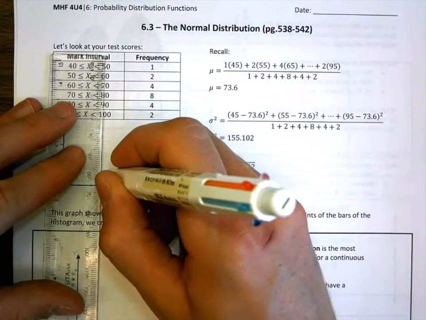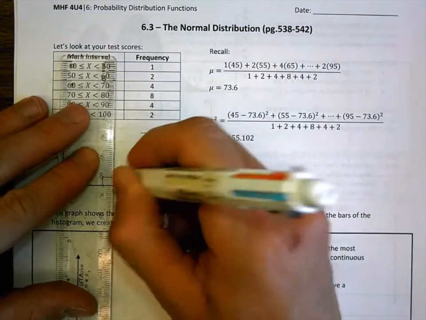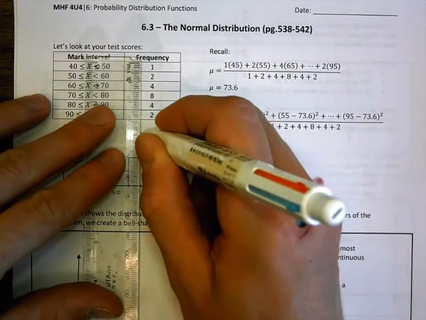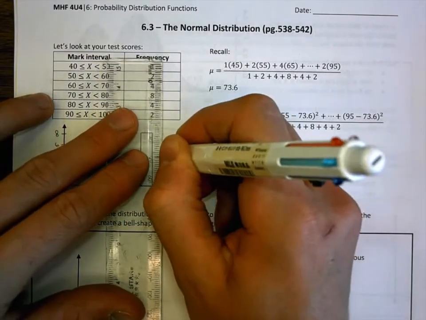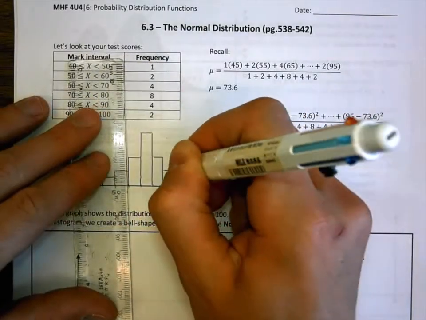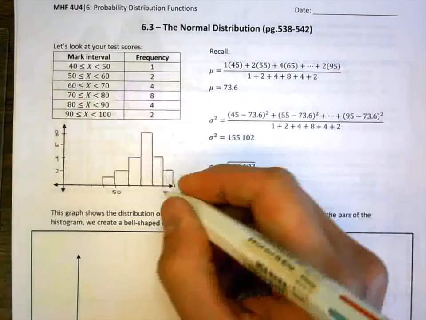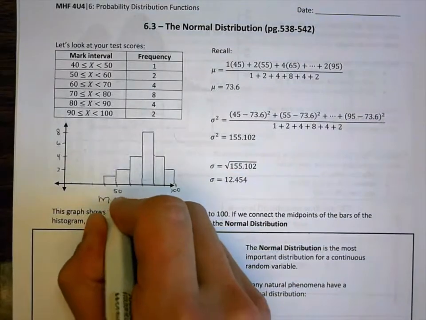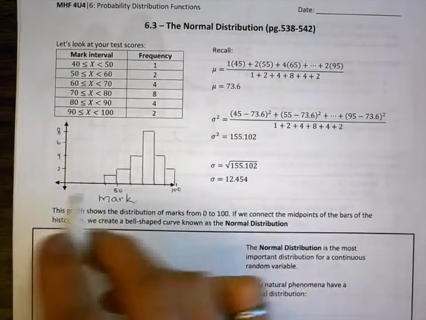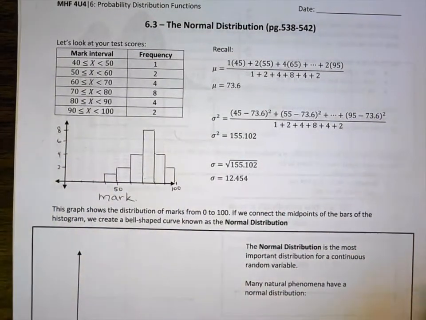I'm just going to draw this histogram. Okay, and there's 100%. So I've just taken that single variable, the mark, and I've drawn a histogram.